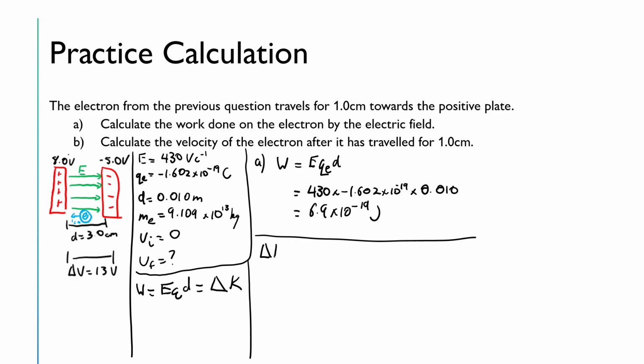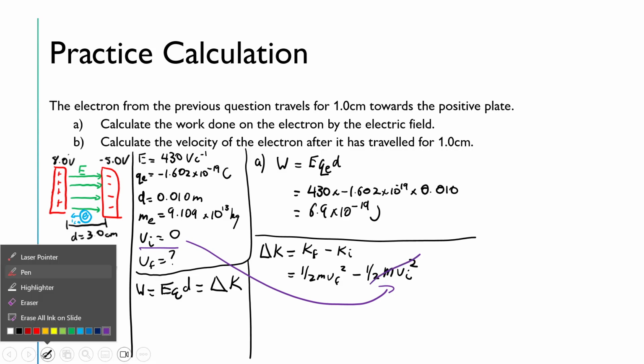So we know that the change in kinetic energy is going to be equal to the final kinetic energy minus the initial kinetic energy, which can be rewritten as such. As highlighted before, the initial velocity is equal to 0. Therefore, this whole section of the equation can be cancelled out.